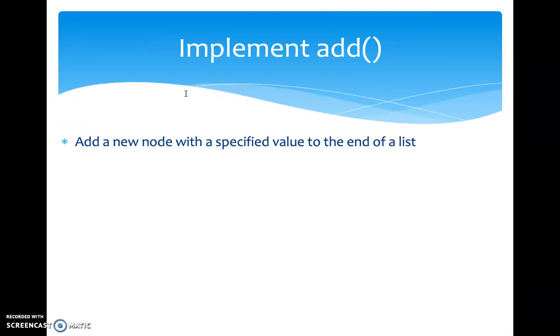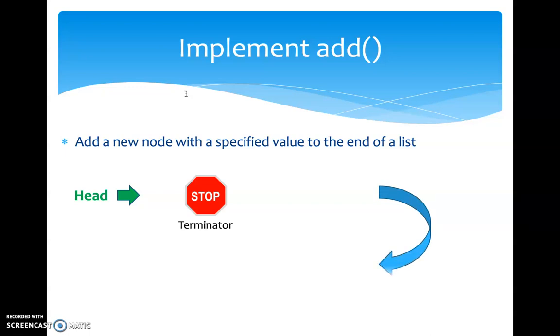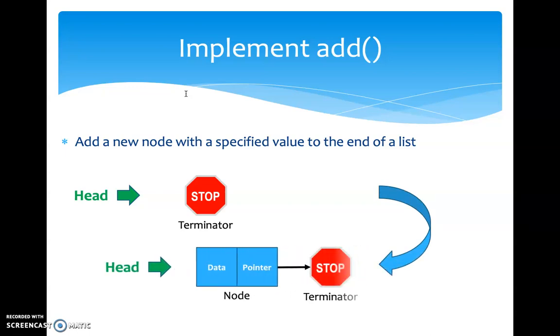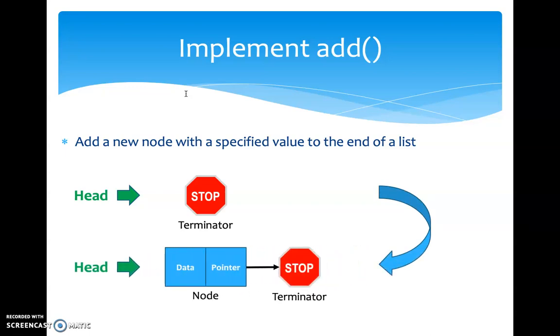The first scenario is that the single linked list is an empty list, where the head of the list points to the terminator or null. In this case, we can simply add a new node with the specified value in the linked list and set the head of the list to point to the new node.